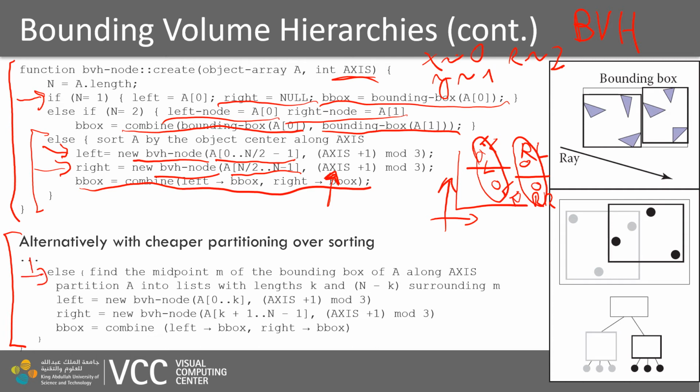This is the else part, which would correspond to here. And then when we know the min and max, we will simply take the midpoint, and every object which is before the midpoint will go to the left child, and every object which has a higher value than the midpoint will go to the right child as a partition.